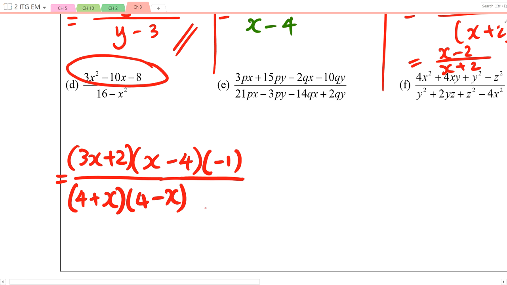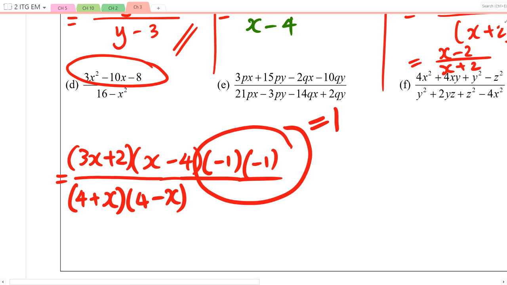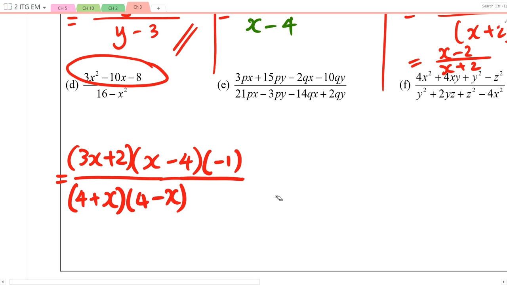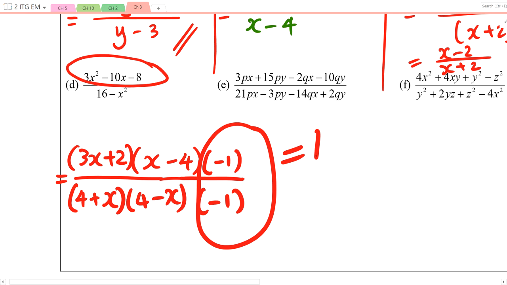Alternatively, I can also put a minus 1 here also, right? Isn't it all the same? Right? These two effectively equal 1. Multiplying by 1. No difference. Okay? If I don't put it over here, I put it over here. These two again still equal 1. Still no change. Up to you. What do you like?